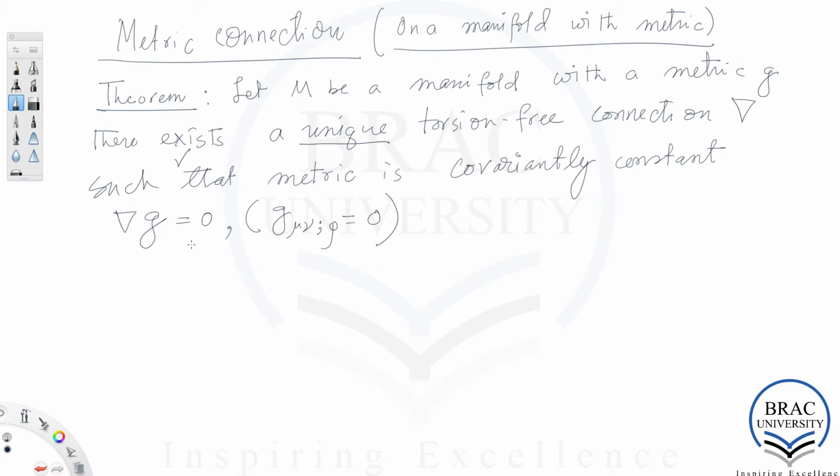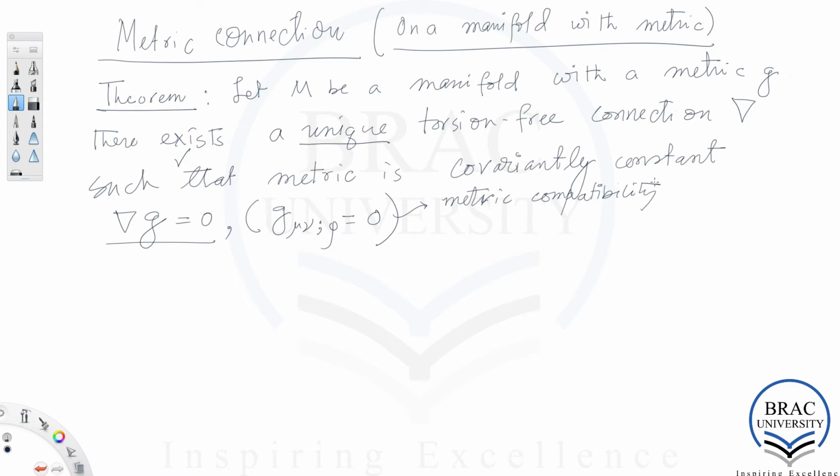This condition is called metric compatibility in some literature. Okay, so if this metric is covariantly constant, this connection is called the Levi-Civita connection or metric connection.